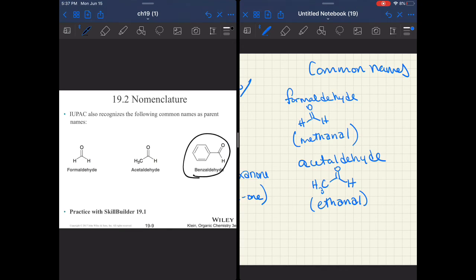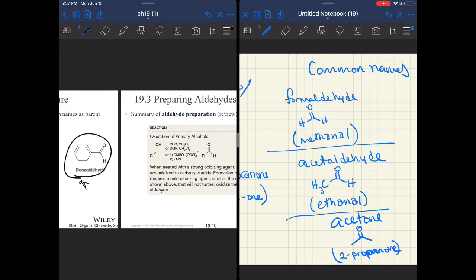Benzaldehyde you had to memorize in the last unit, so you should know that. And one to add here, the only ketone that I would expect you to memorize would be acetone, right? And that is going to be your 2-propanone, right? So formaldehyde, acetaldehyde, acetone, just to be consistent, we'll provide that there. And then benzaldehyde. So you should know these 4 common names.